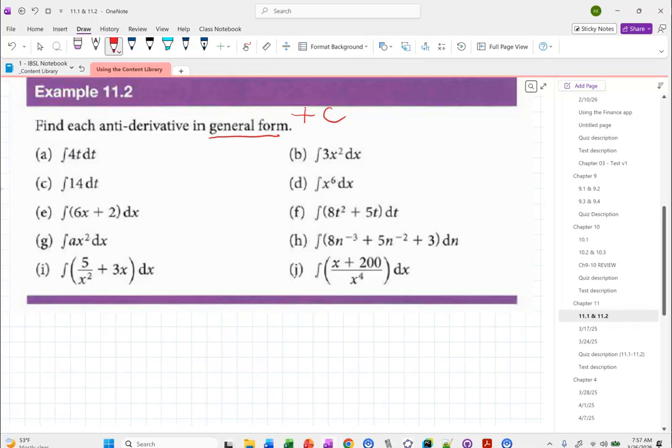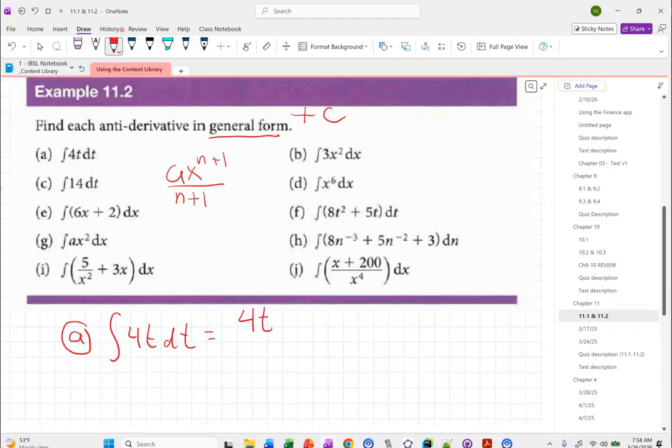All right. Maggie, pick a letter from A to J. A. So remember, our formula for our antiderivative is this, right? So we're going to have the 4. That's like my a.